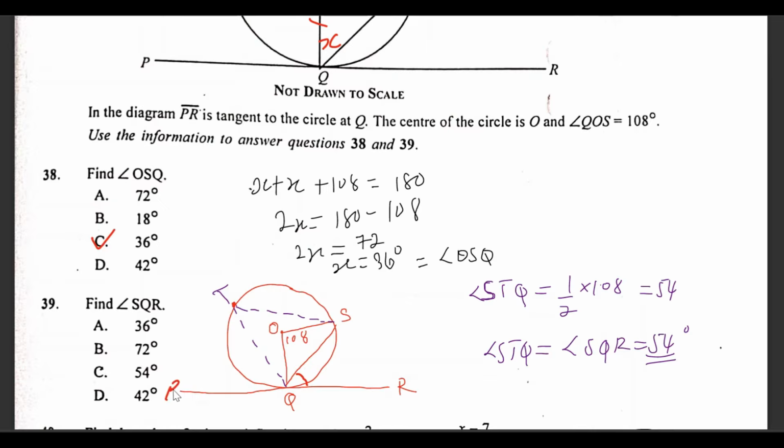This line is a tangent to the circle, right? Now, angle STQ, this angle is half of this angle, right? So you're going to divide 108 by 2, and that is 54. So we have this side to be 54.